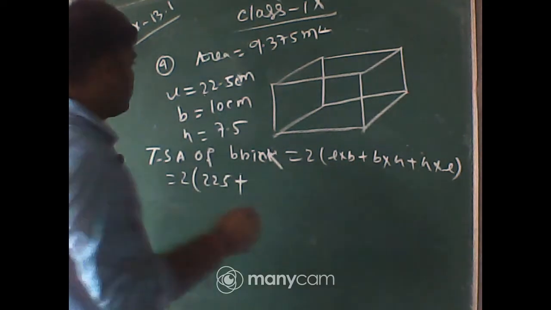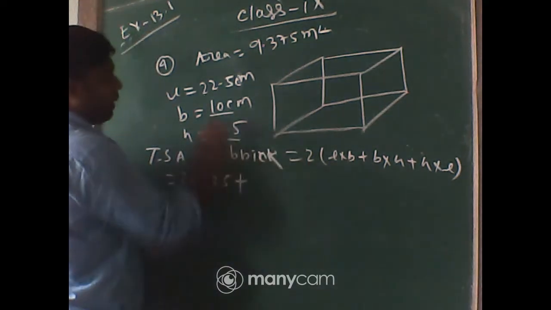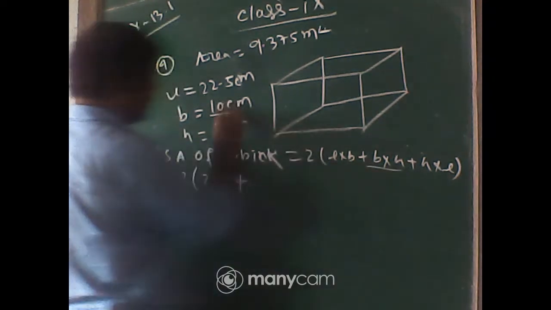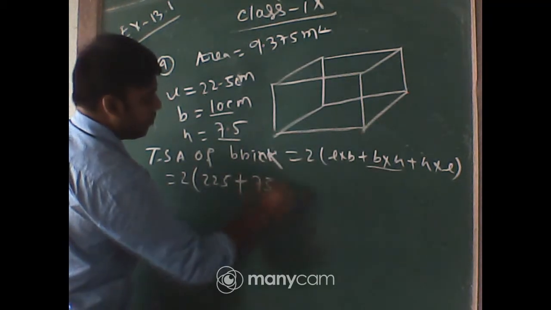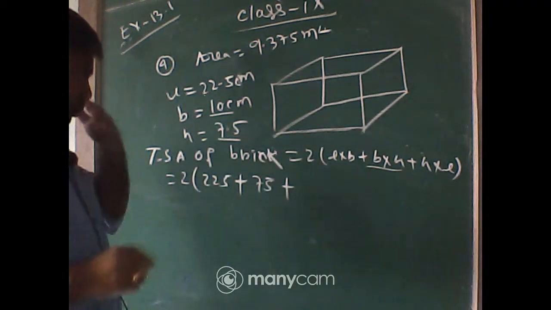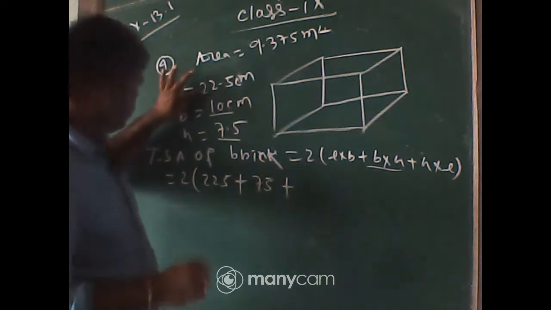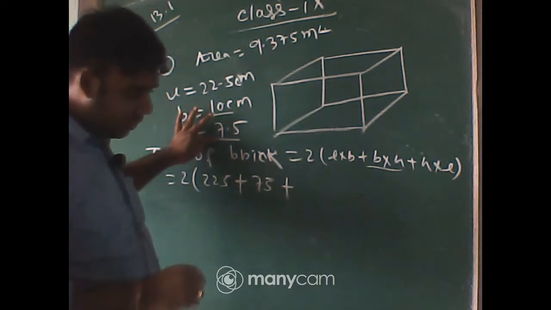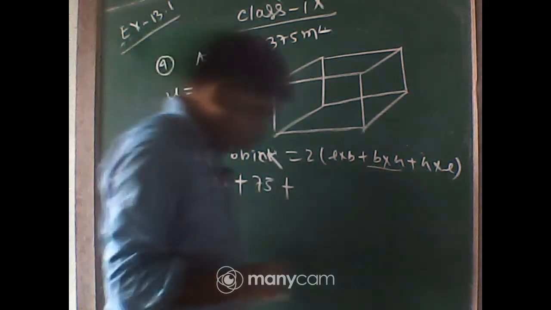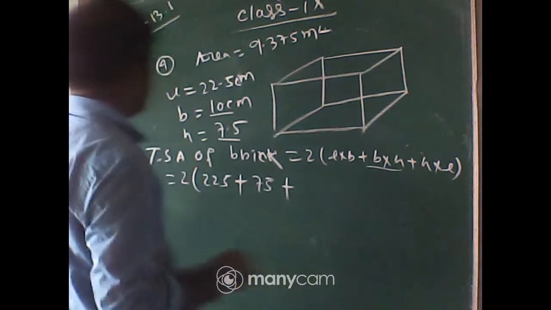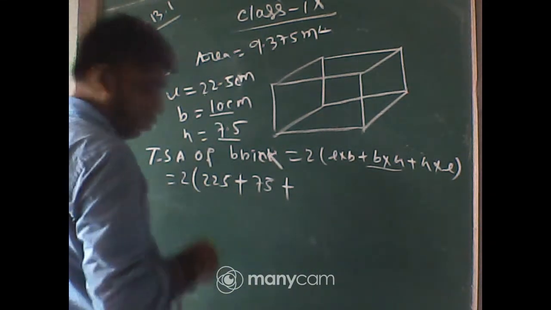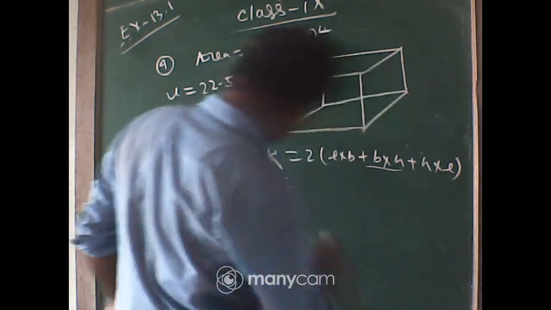B into H means 10 into 7.5, that is 75, plus H into L, it means 22.5 into 7.5, that will be 168.75.